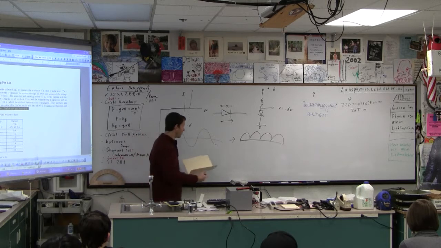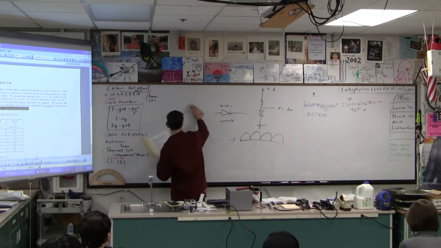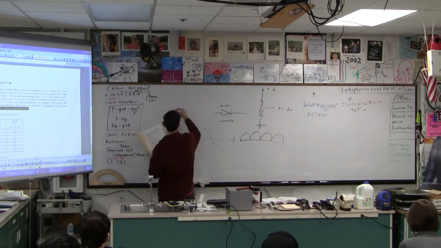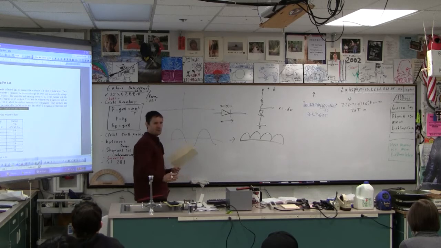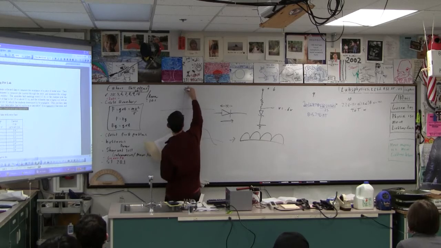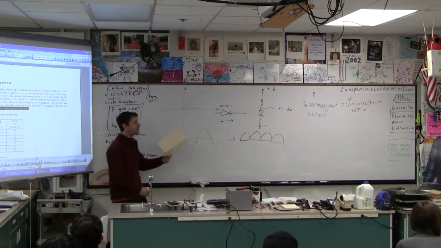And then there was a light bulb. We did a light bulb, didn't we? The light bulb graph should have looked like this, only our graph was funky, and I think it was because I set it to the wrong setting on the voltmeter. But it should have looked like this. If this was current and this was voltage, it should have been like a kind of curve. It's not an asymptote.